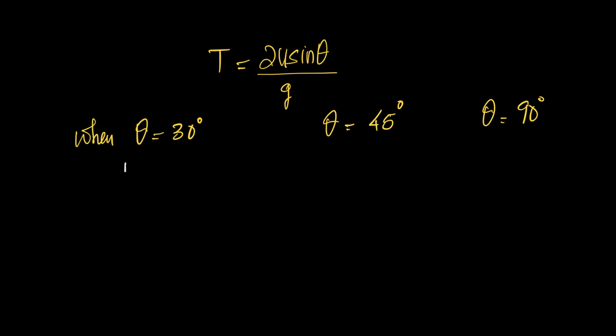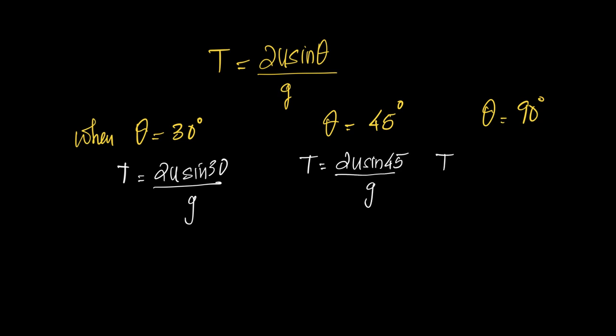So when theta is equal to 30 degree, T is equal to 2u into sine 30 by g. T is equal to 2u into sine 45 by g. T is equal to 2u into sine 90 by g.